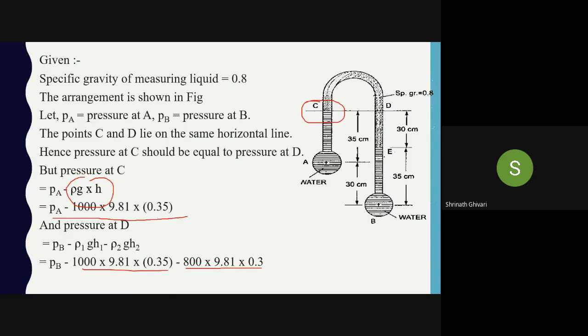Okay, fine. So now, look, 30 centimeter, 800 density of oil, 9.81 into 0.3, 1000 density of water, 9.81 into the level of water from the oil. Correct? Is this correct or no? Because I may be wrong sometimes.